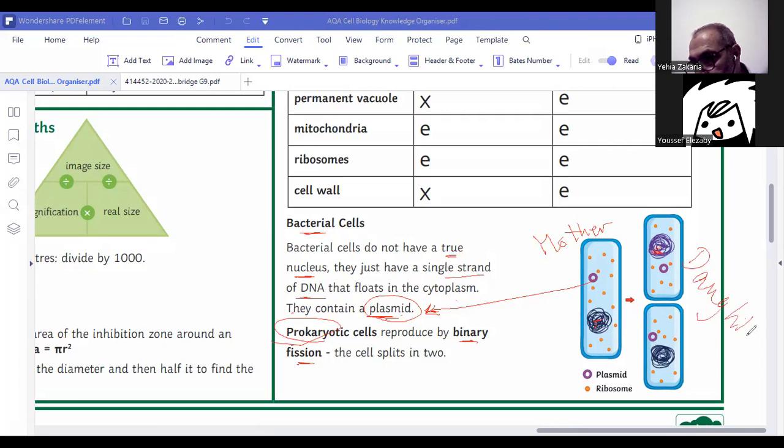The cell is split in two, and the mother disappears. After division, its body will split into two daughters.